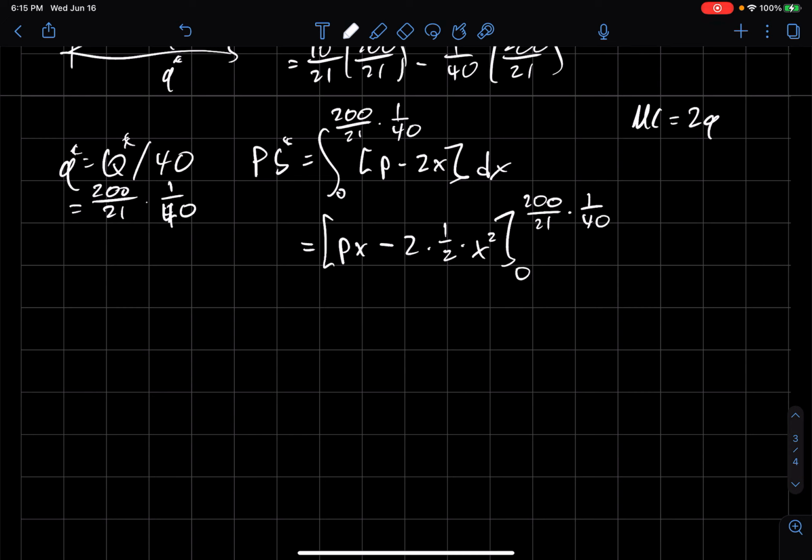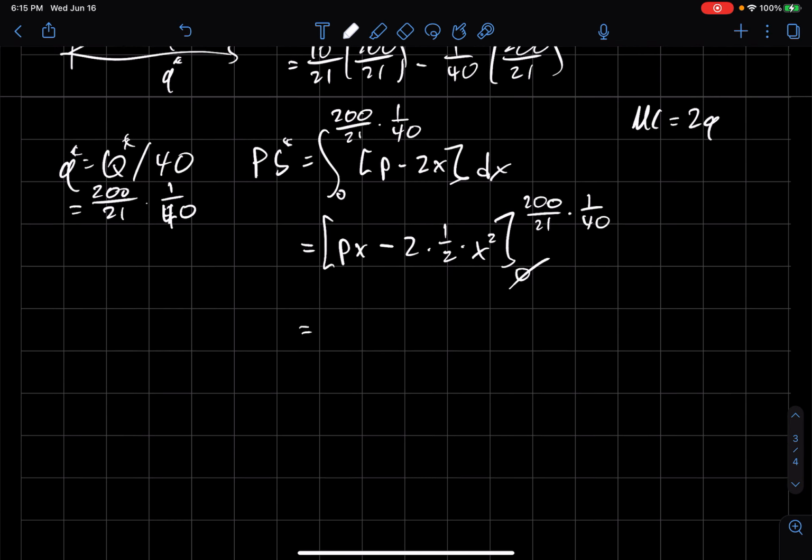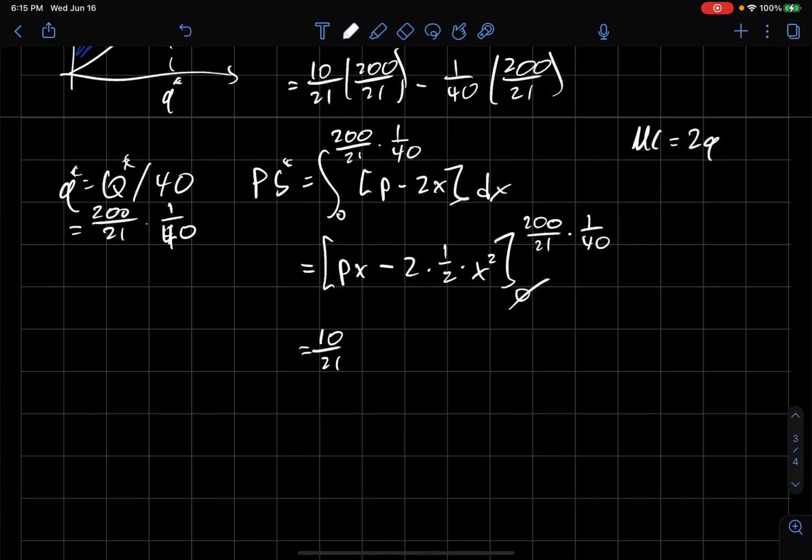Okay, so we're going to ignore this 0 because everything goes to 0 when we plug in for 0. And here we get price, which is 10 over 21 times 200 over 21 times 1 over 40 minus, and this 2 cancels with the 1/2, so all we're left with is 200 over 21 times 1 over 40 squared.